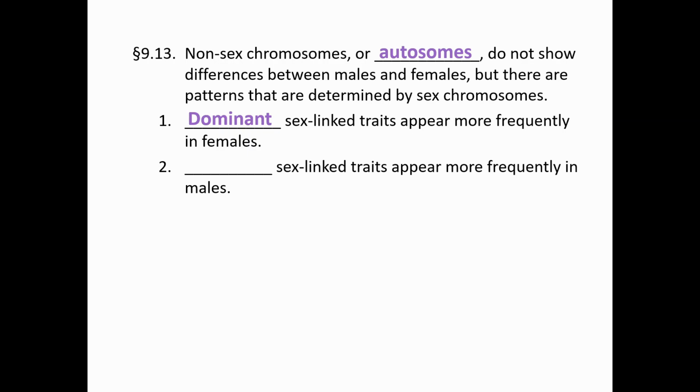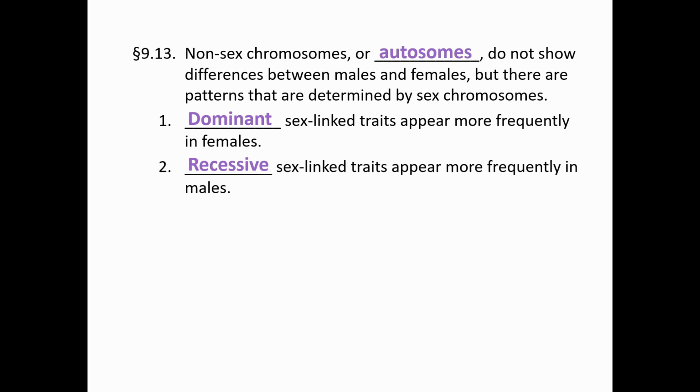If a sex-linked trait is dominant, it's more likely to appear in females. However, if the sex-linked trait is recessive, it's more likely to be in males. The reason is that typically females are XX and males are XY, and these traits typically appear on an X chromosome. When you look at the recessive conditions, a female has two X's.